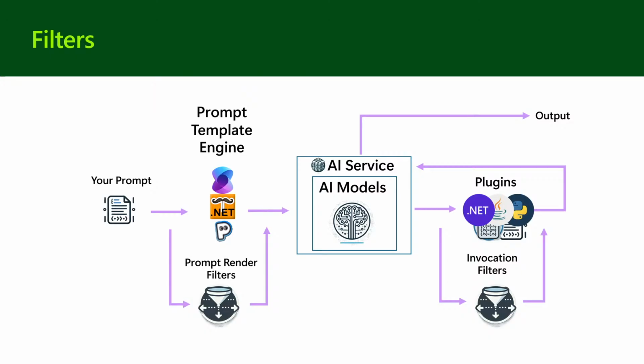So you can see what is going in and what is going out, or you can block calling a method, or you can pass it through, by using these filters, which we are going to talk about next week.